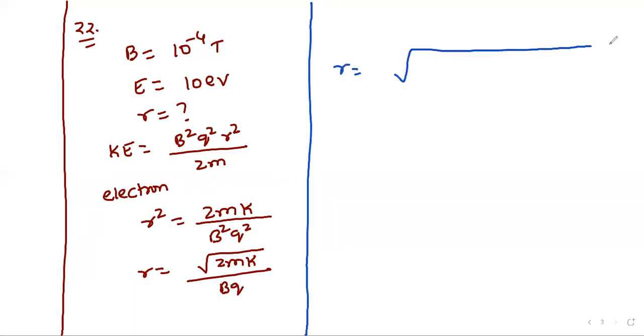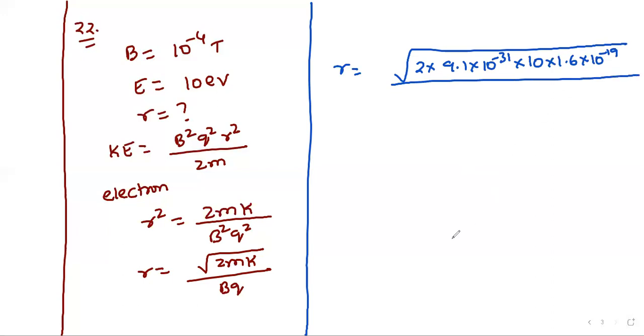Mass of electron is 9.1 into 10 power minus 31. Kinetic energy is 10 electron volt, that is 10 into 1.6 into 10 power minus 19, divided by BQ, where B is 10 power minus 4 and Q is 1.6 into 10 power minus 19.